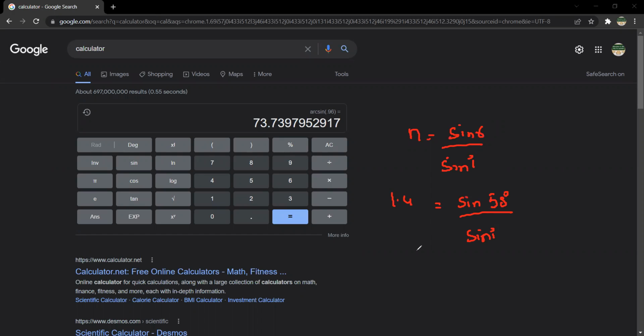We cross multiply, sine I will move there and 1.4 moves over. So it will be sine 58 divided by 1.4.